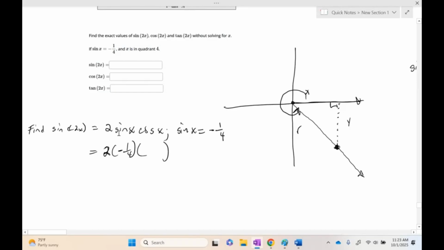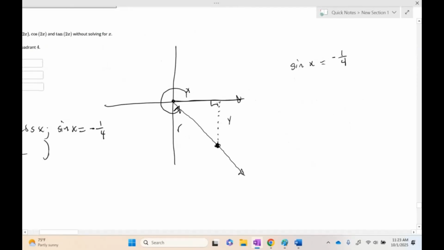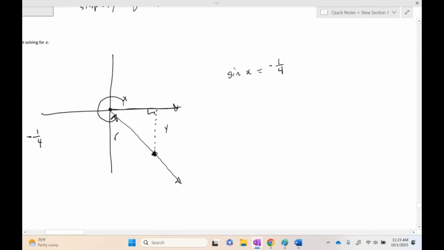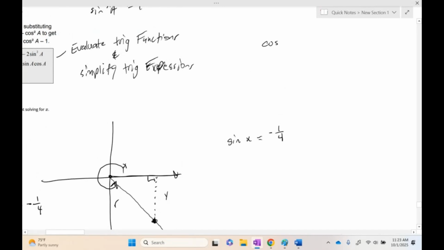All right, so everybody see where I'm heading. They gave us the sine of x. I just rewrote the formula. I have to find the cosine of x. So now I'm going to go back over here to the triangle sketch, and let's see if we can find the cosine. Remember, let me write these down again. The cosine of some angle is x over r.